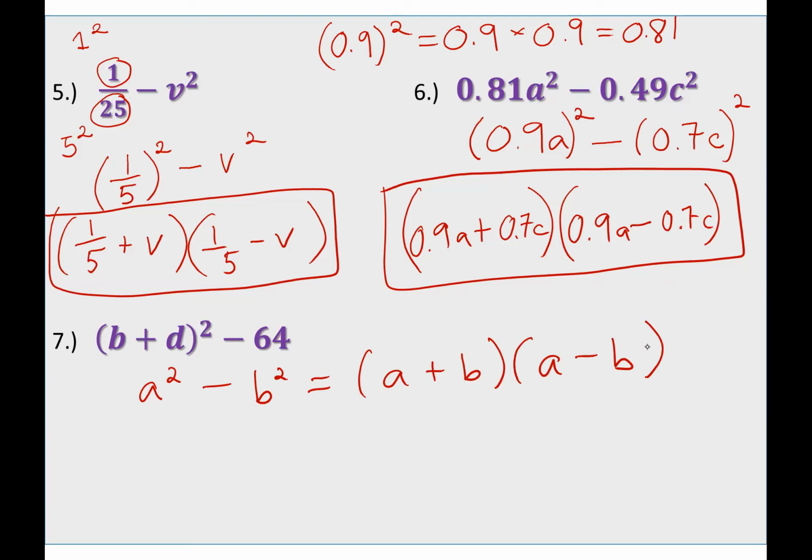I hope you can start to see that in this case, a is just the thing in parentheses. So our expression in parentheses, b plus d, that's really just a. So we are going to replace a in our final answer with b plus d.